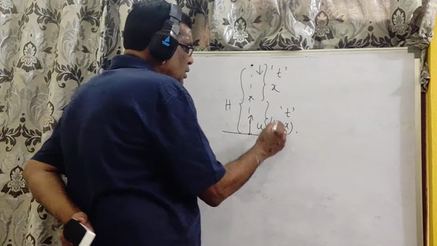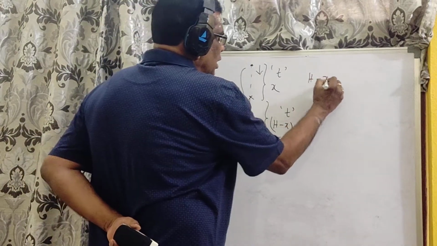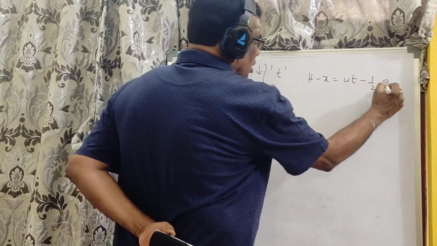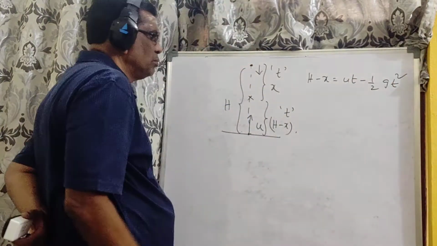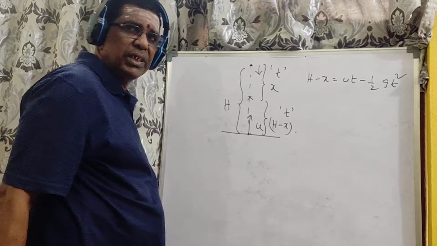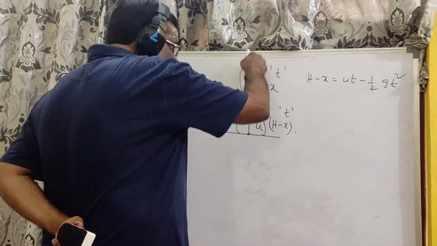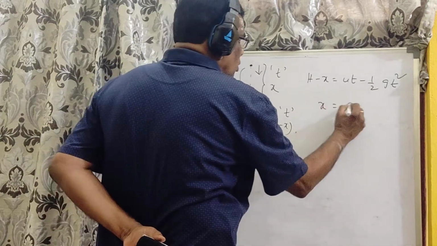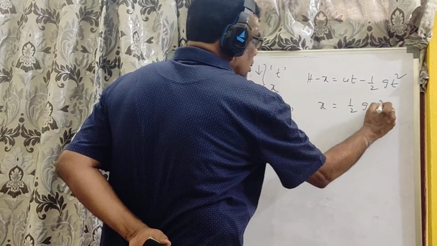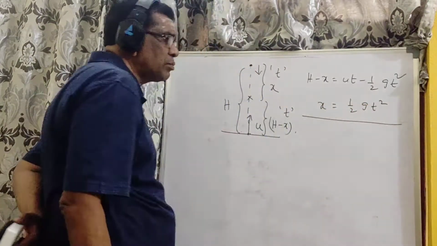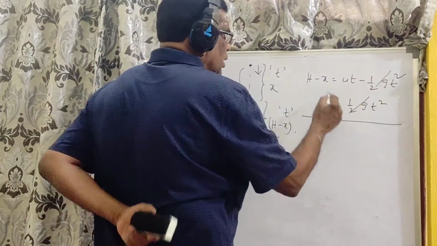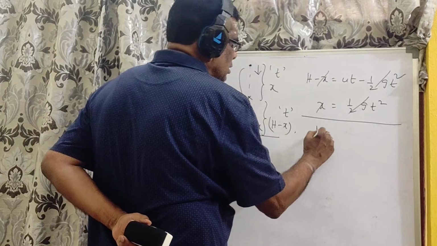How do I write the equation for this? h minus x is equal to ut minus half gt square, from the formula s is equal to ut plus half at square. And this is a dropped body, g downwards, x downwards: x is equal to half gt square. And we solve this. So this will get cancelled, this will get cancelled.